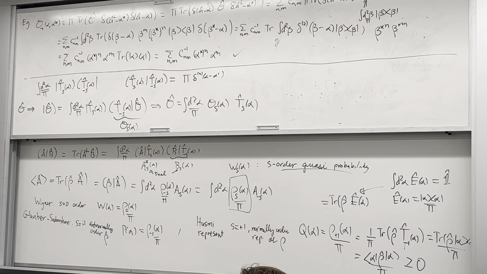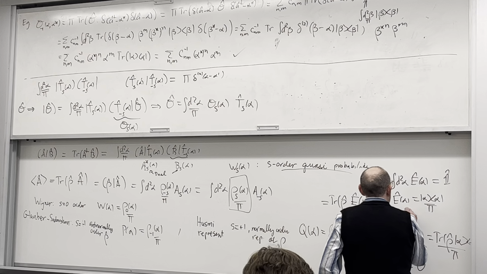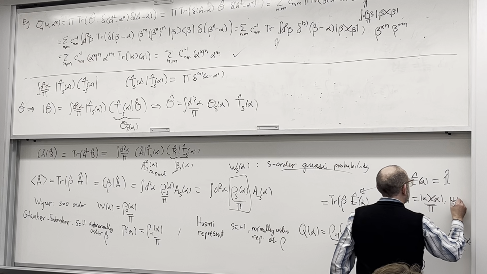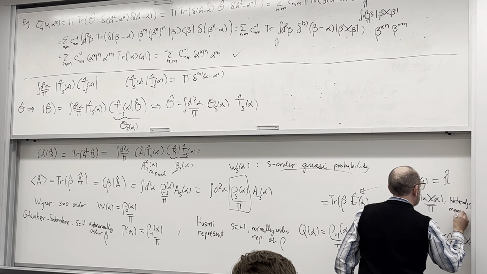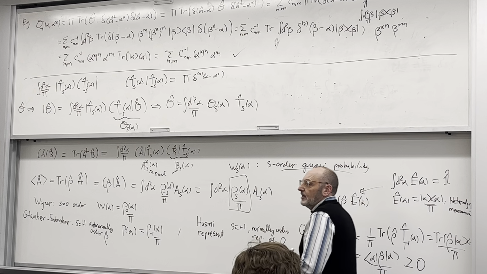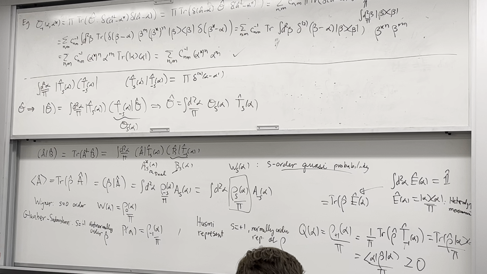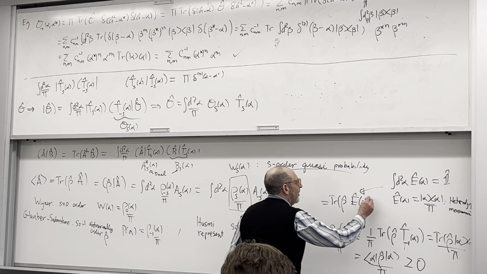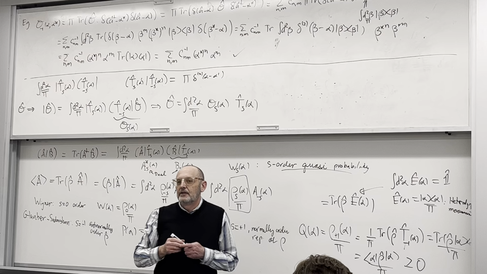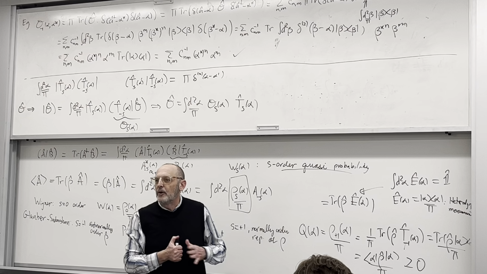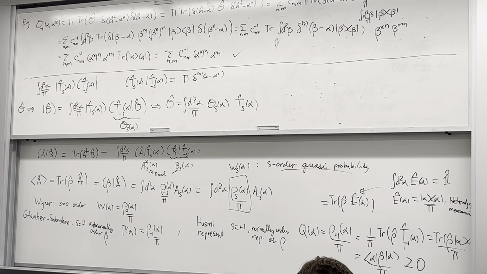And that POVM element is related to what we have as a heterodyne measurement, a simultaneous measurement of X and P. And it's a true probability density where these are the different measurement outcomes corresponding to these POVM elements. They're continuous variables, so it's a probability density, but it's an honest-to-God probability density.